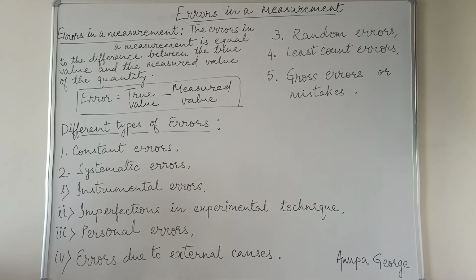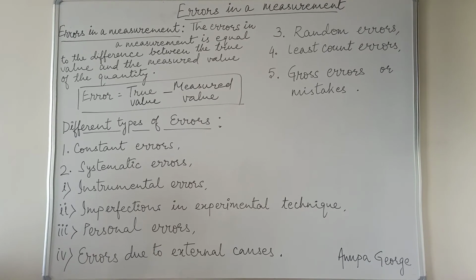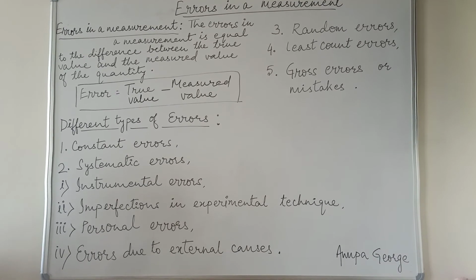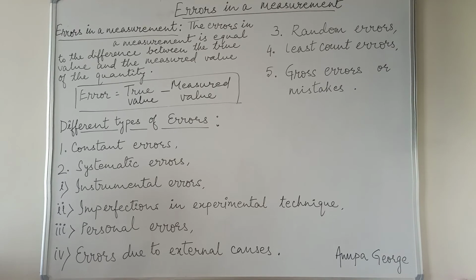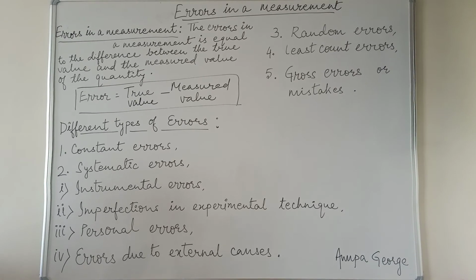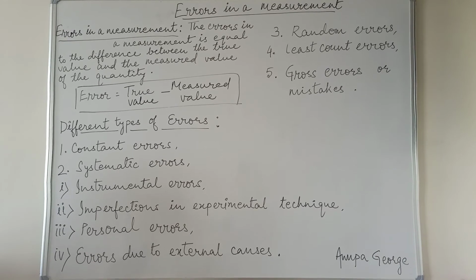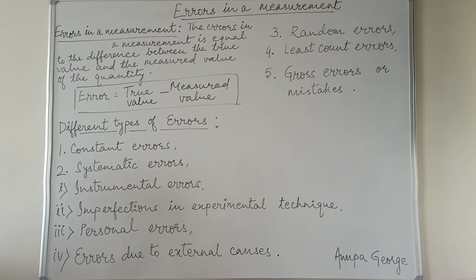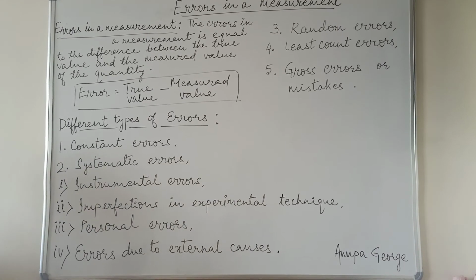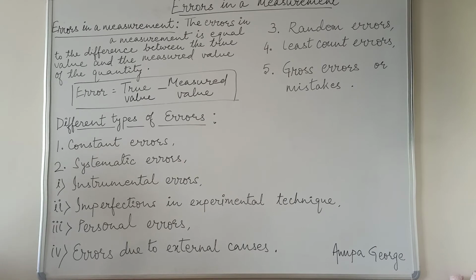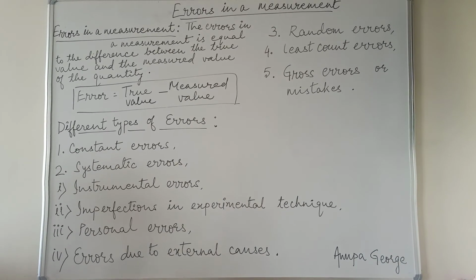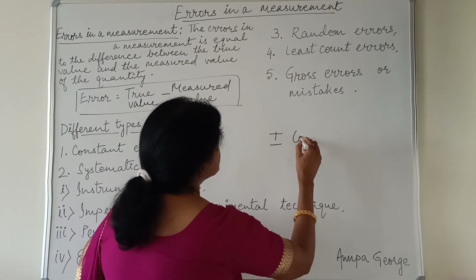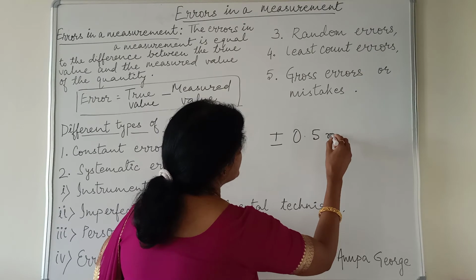For example, a meter scale has a least count of 1 millimeter. Its readings are good only up to this value. The error in its readings will be half of this value, that is, plus minus 0.5 mm.